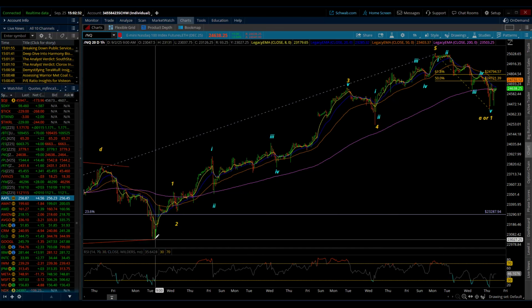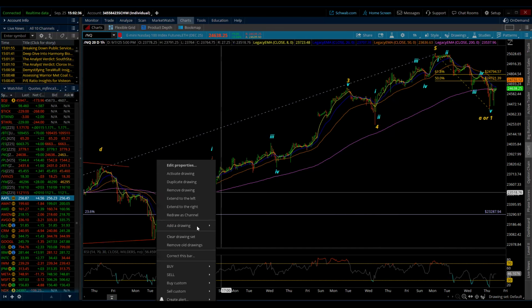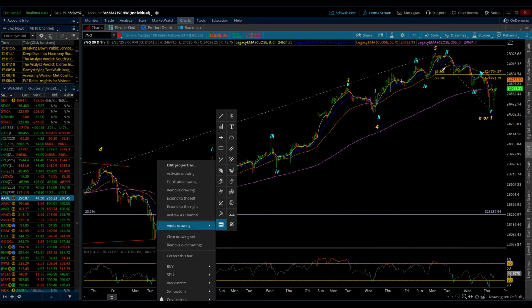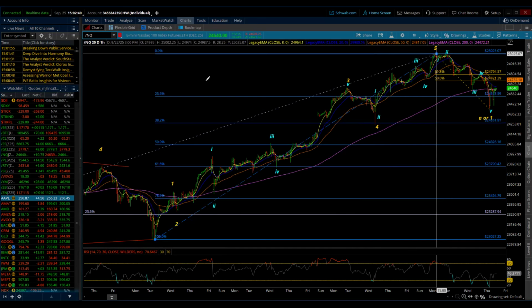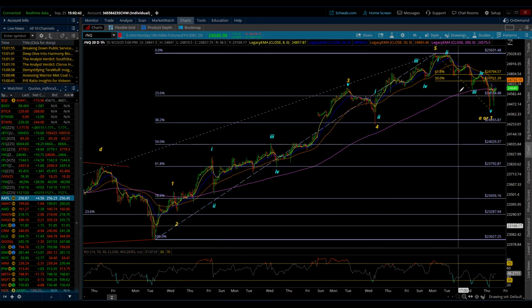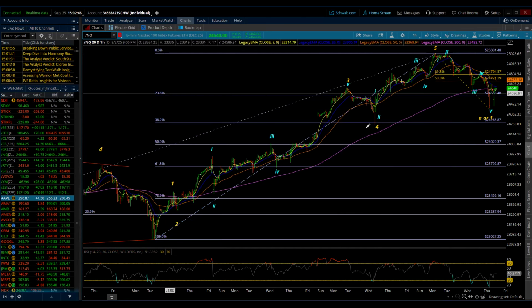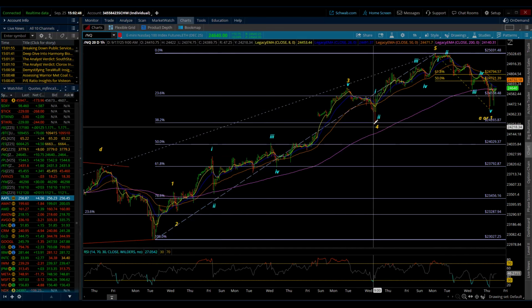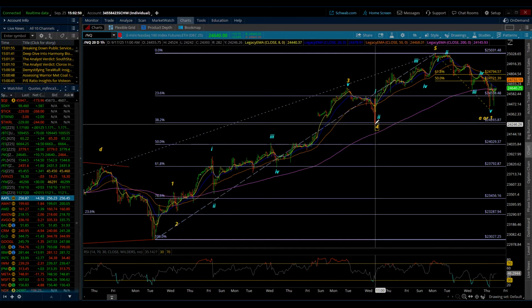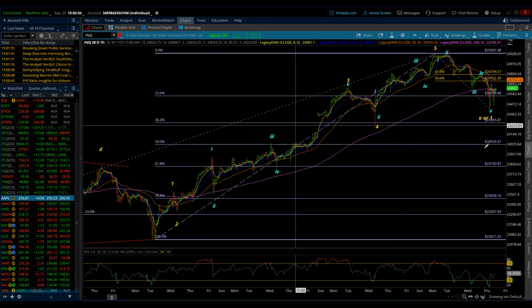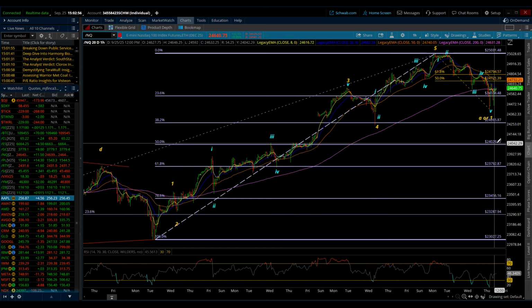And again, when I'm running the fibs from here, all I'm looking for is that internal Fibonacci support as all these internal waves start to form. So again, we have 382, and that's pretty much right there with that price low at 24,242. And then we have a 50% at 24,029.